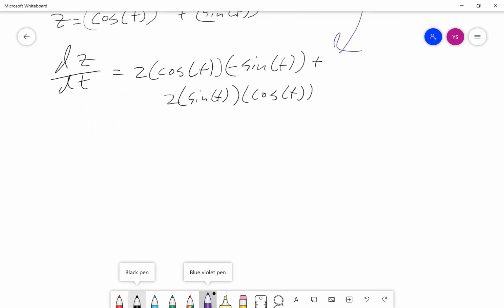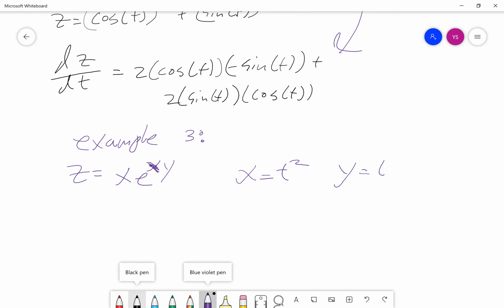So let's say z is equal to x e to the xy, and x is equal to t squared, and y is equal to t inverse.